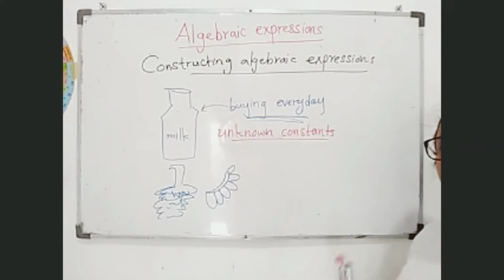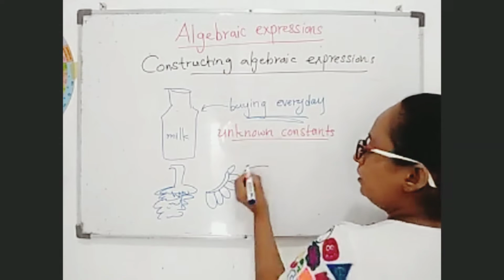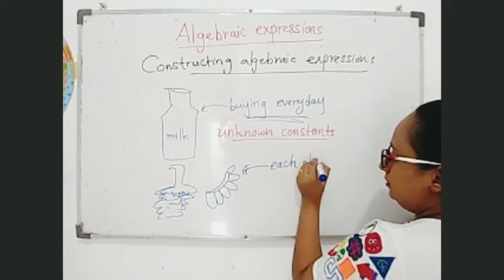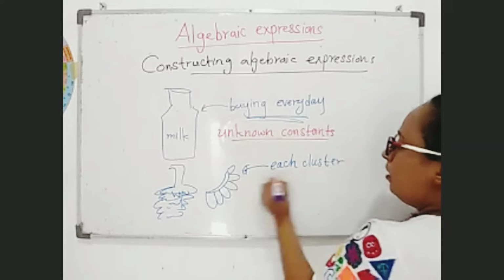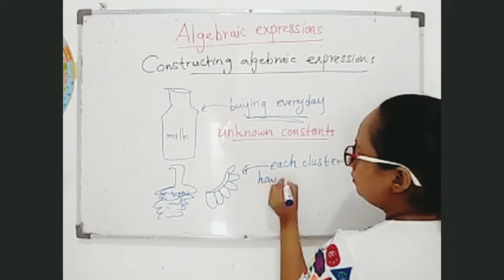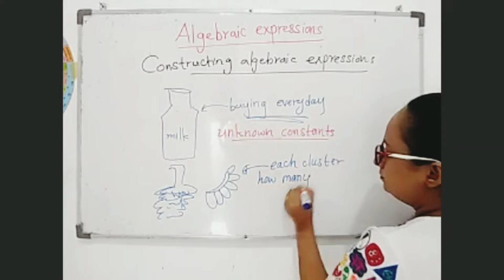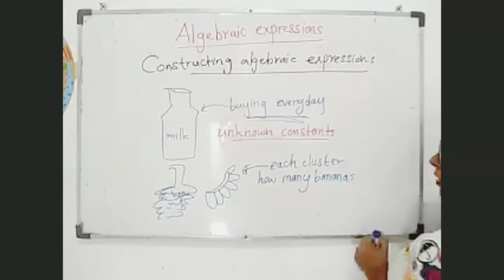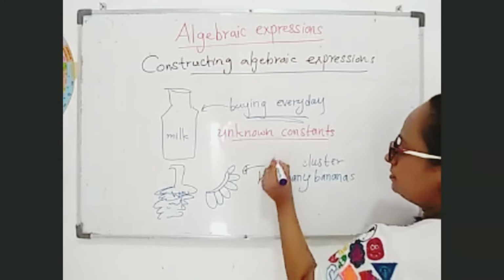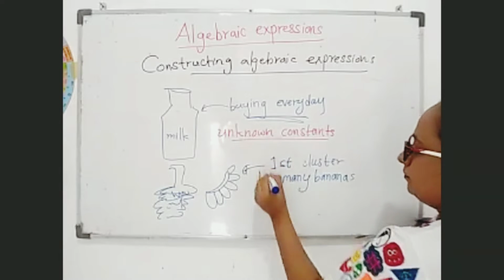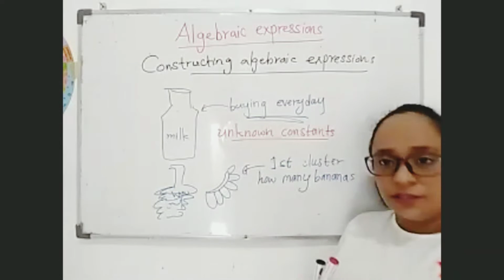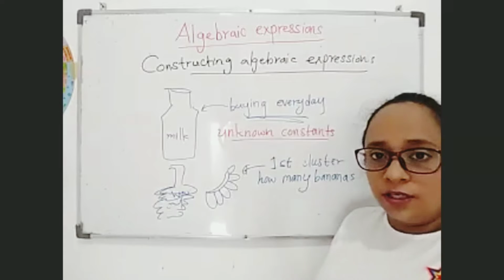So I can't exactly tell now each cluster, how many bananas. Let's say first cluster, first one, right? How many bananas? It's not a constant value, right? It's changing one by one.